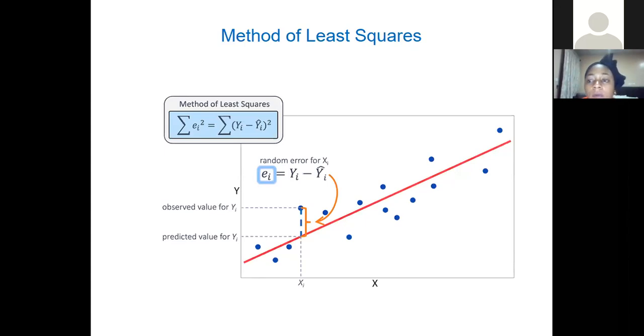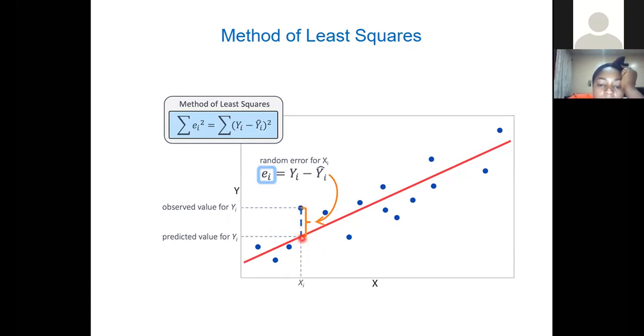So one thing I want you to see here is this graph. Look at this dot, for example. If you draw a line from that dot to join the regression line, that point is what the regression model predicts for that value.